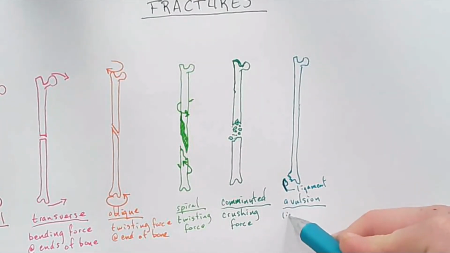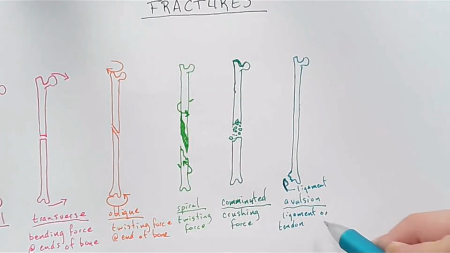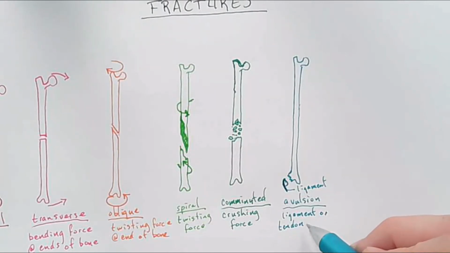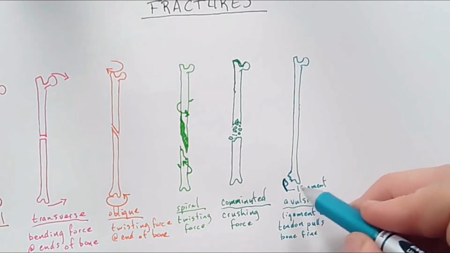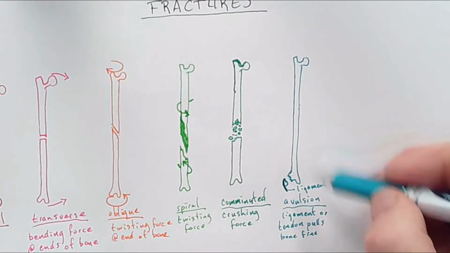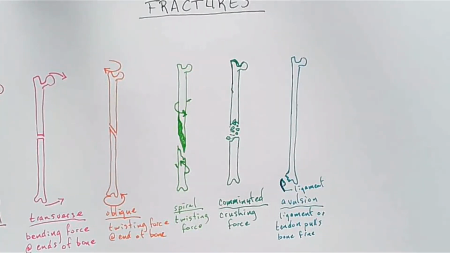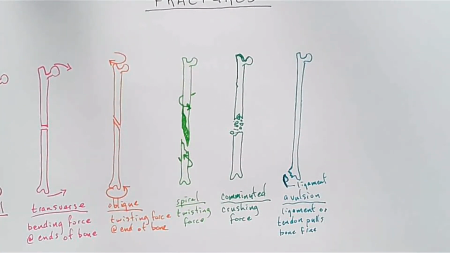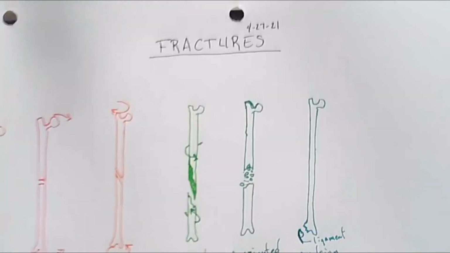So this is where a ligament or a tendon rips bone off, pulls bone free. I like that better. And that fractures the bone. It pulls a piece of the bone away from the major part of the bone. And that is an avulsion fracture.